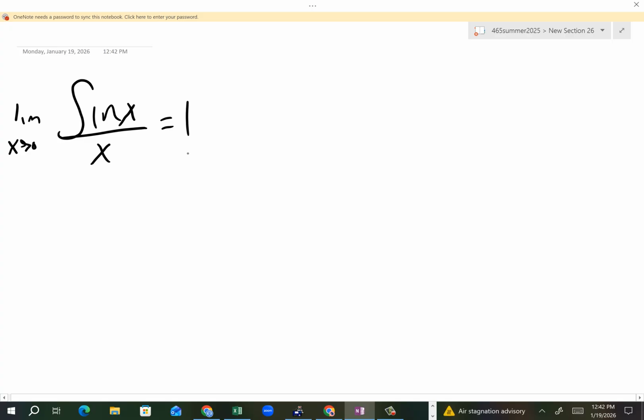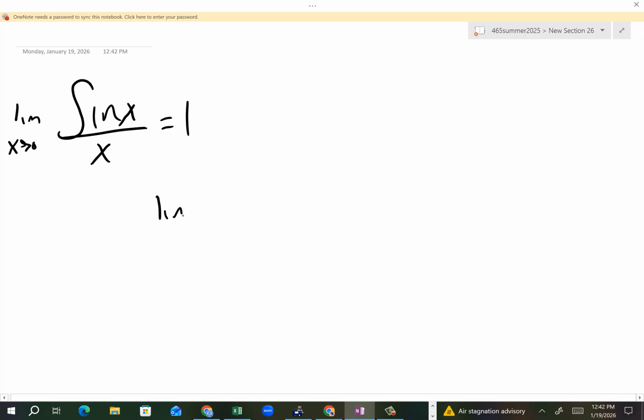When we looked at the graph, here's sine of x, and then here's x, and they're basically the same. The idea is they were approaching 0 at the same rate. There was a 1-to-1 ratio. Today, that's what we're going to do. And so this is the question.